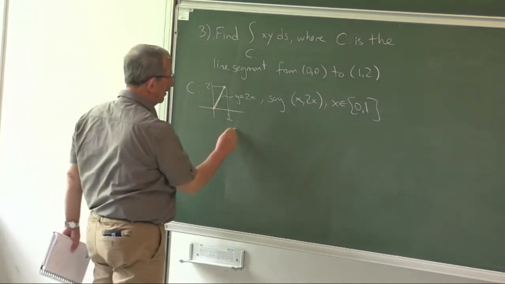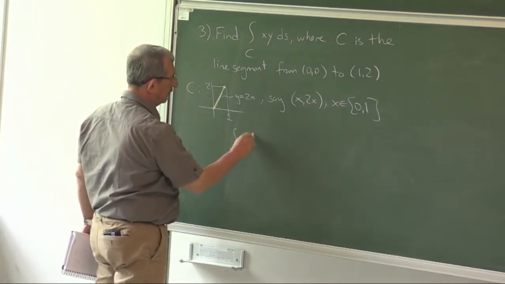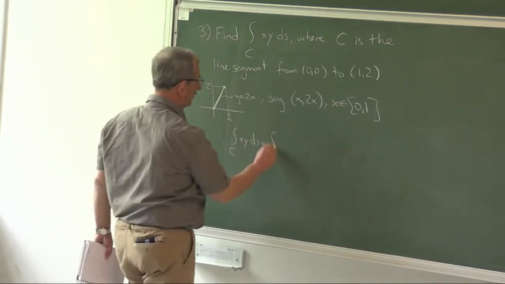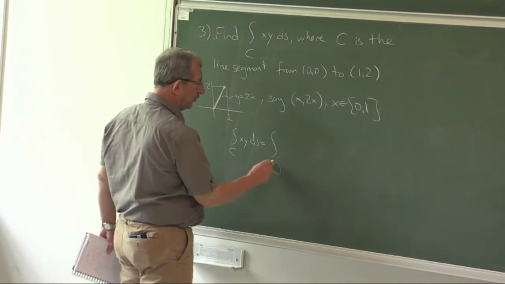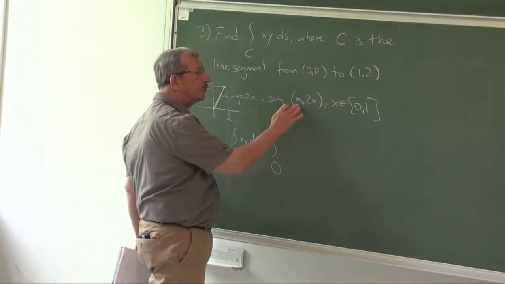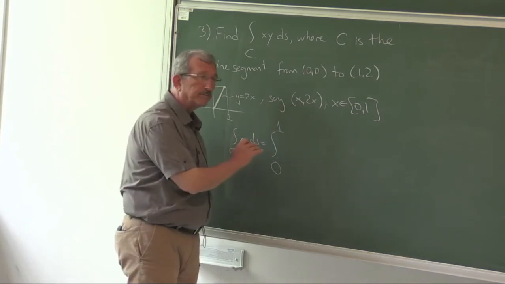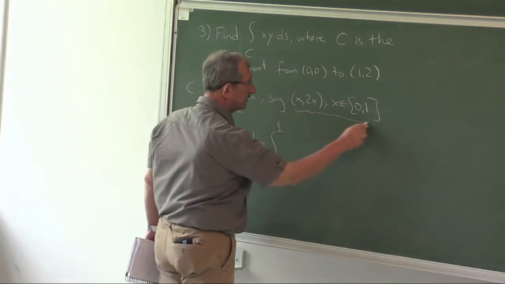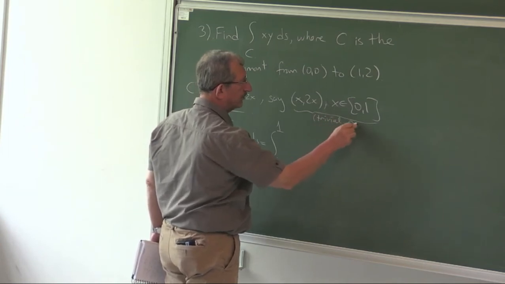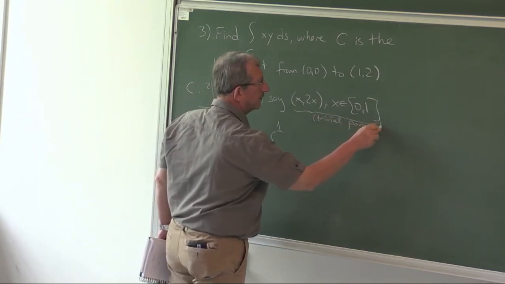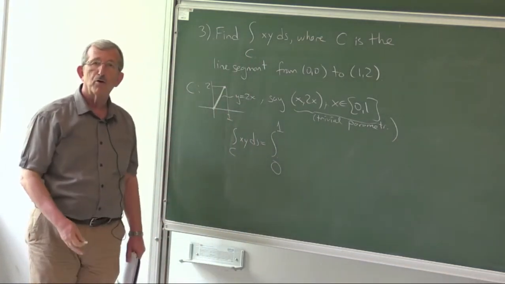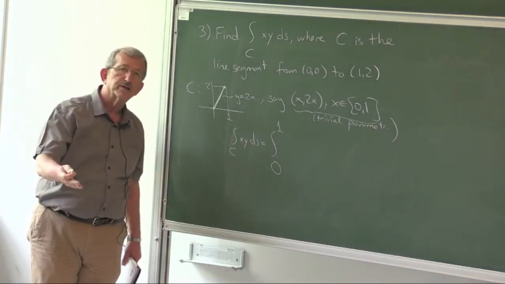But then the integral would be clearly the integral from 0 to 1, because x changes there. Note that I'm using the trivial parameterization, because this is the graph of the curve y is equal to 2x.